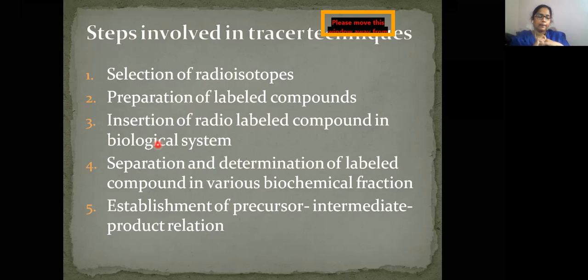Okay, and how will you determine? By using the detectors. Okay, so establishment of precursor intermediate product relation. During the fourth step, we can identify the compounds, right? So we can identify different intermediates and precursor. We can find out different compounds formed during this, right?